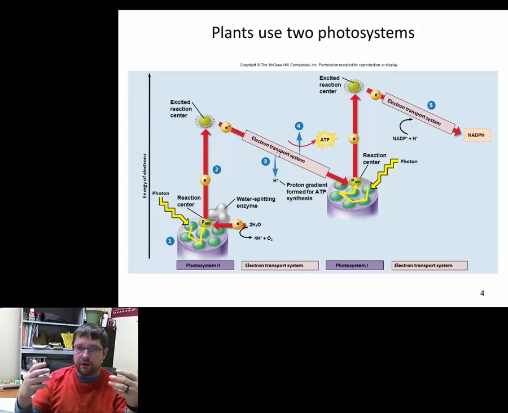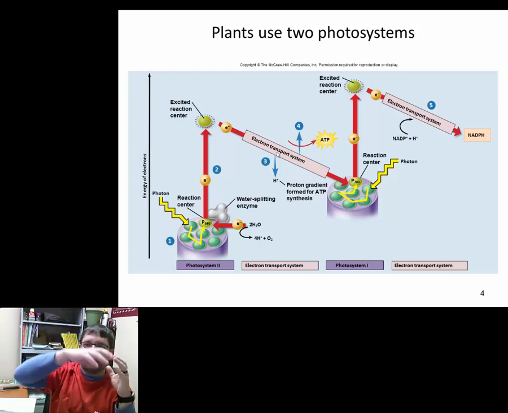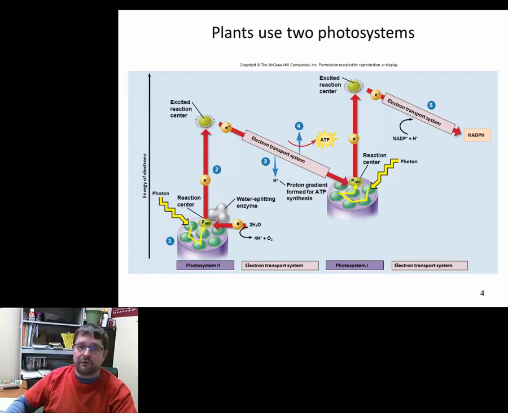And as it moves through that gradient, you get this buildup of protons on one side of the membrane. Well, through diffusion properties, those protons want to move back. They want to be at equilibrium. So you get a bunch of protons on one side, not very many on the other side. They want to move back. The only way they can move back is through a protein called ATP synthase. It's an enzyme. And those protons will move back through the membrane, and in doing so, ATP is formed.